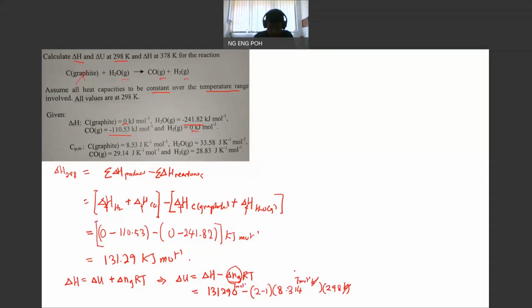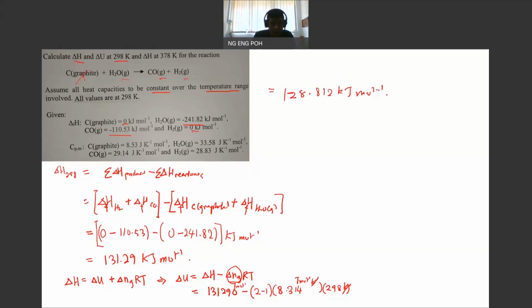So at the end, you will get the answer, 128.812 kilojoule per mole. Okay, so this is the delta U at 298 Kelvin.